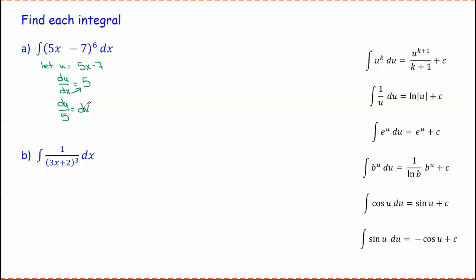What I'm going to do now is substitute the polynomial 5x minus 7 I had equaling u. So this is going to equal u to the power 6. Now instead of having dx, I now have du over 5.